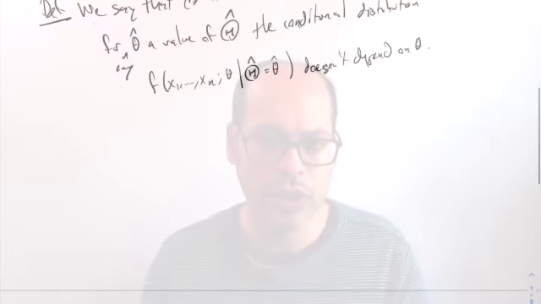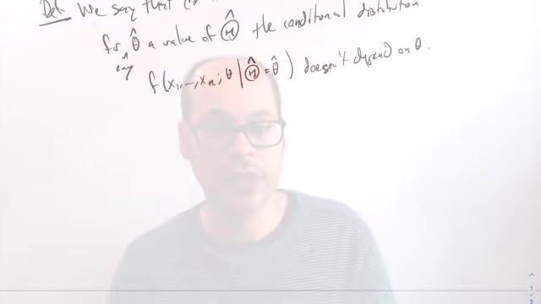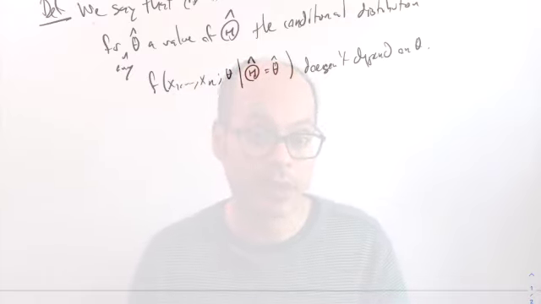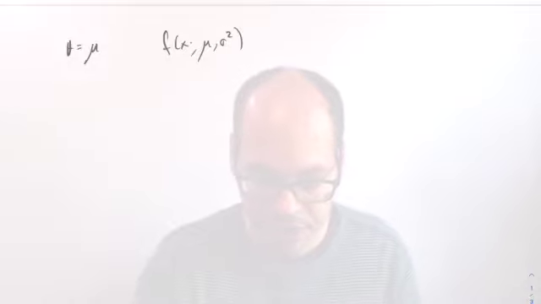Let's illustrate this a little bit first with an example. Bear with me, this is going to take just a little bit of doing. We're going to look at the sample mean as an estimator for the mean of a normal distribution. So theta is going to be the mean. We start with a distribution which depends on two parameters, the mean and the variance.